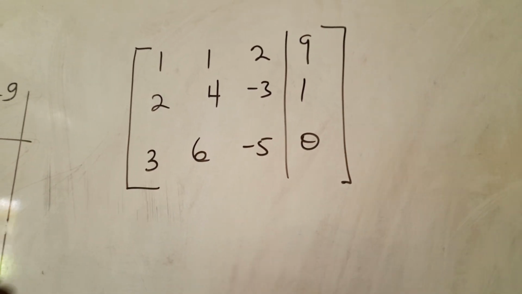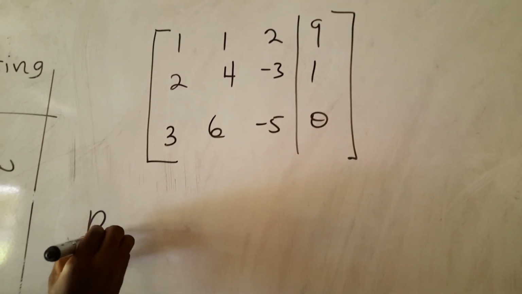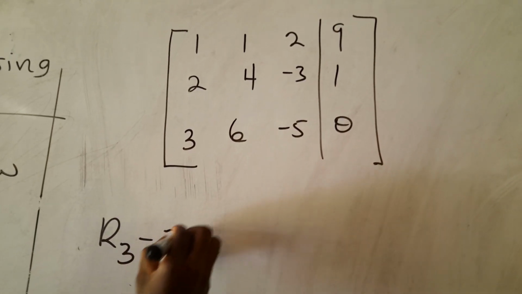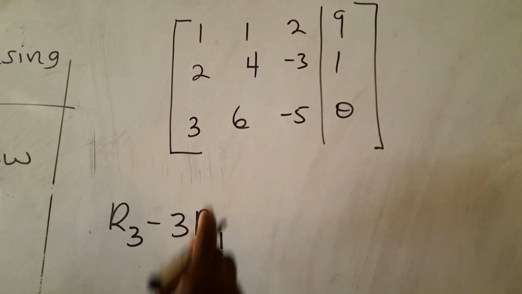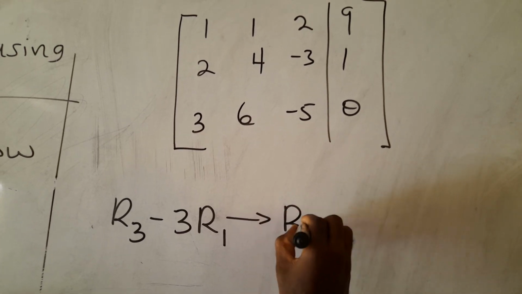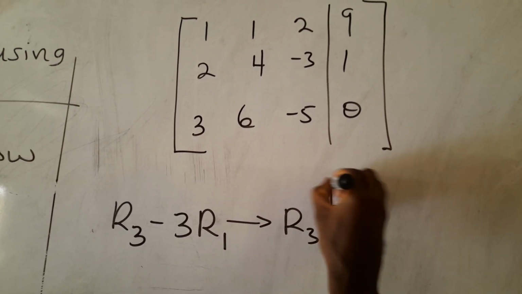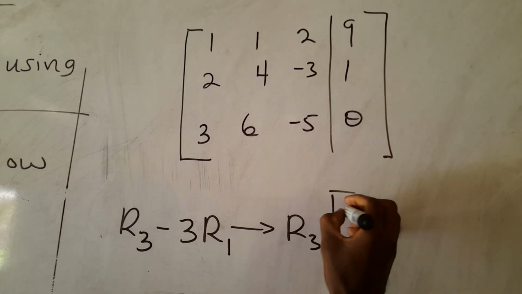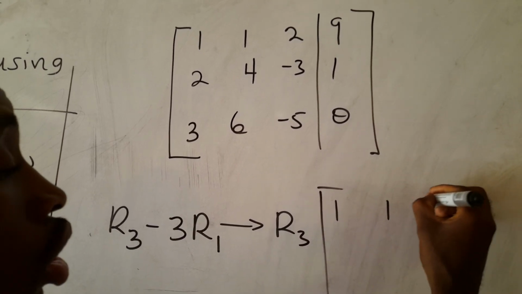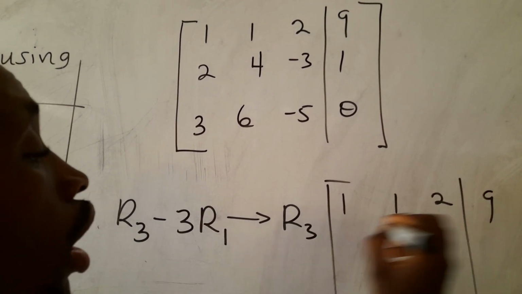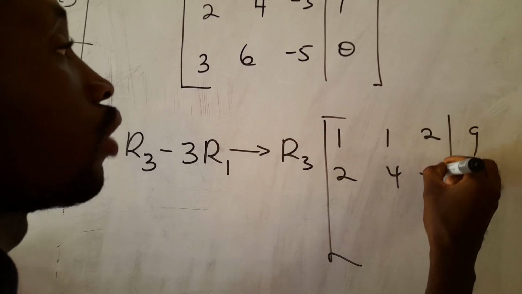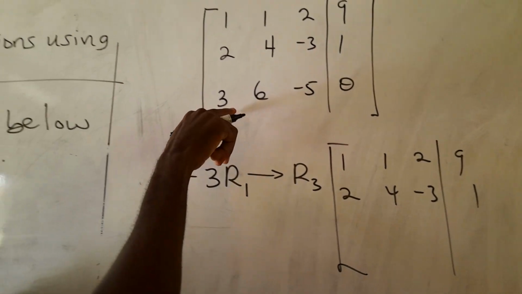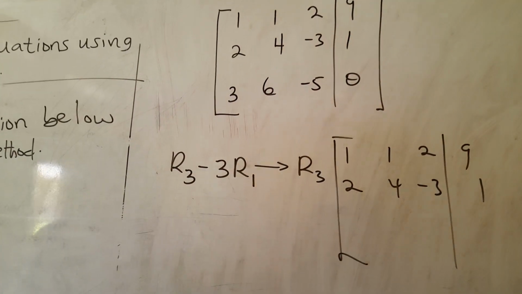So we'll say our R3 minus 3 times R1 should go into R3. So our first and second rows will not be affected. I'll repeat that. 1, 1, 2, 9, then 2, 4, negative 3, 1. Only this will be affected.